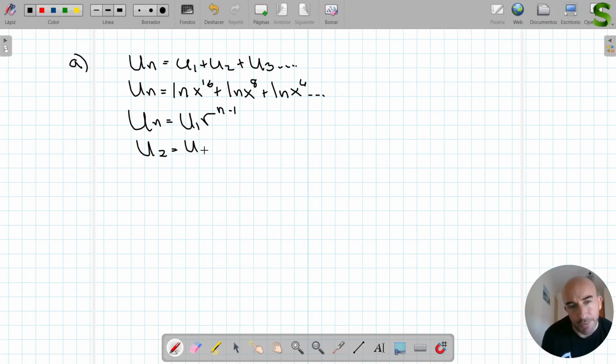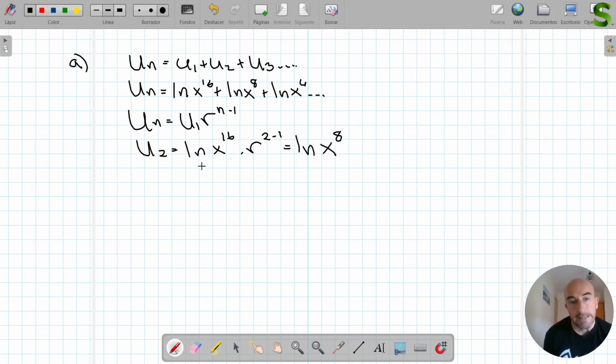So I just write u sub 2 equals u sub 1, and u sub 1 was logarithm of x to the power of 16, times the ratio to the power of 2 minus 1, because we're talking about the second term, and that's going to be equal to logarithm of x to the power of 8.